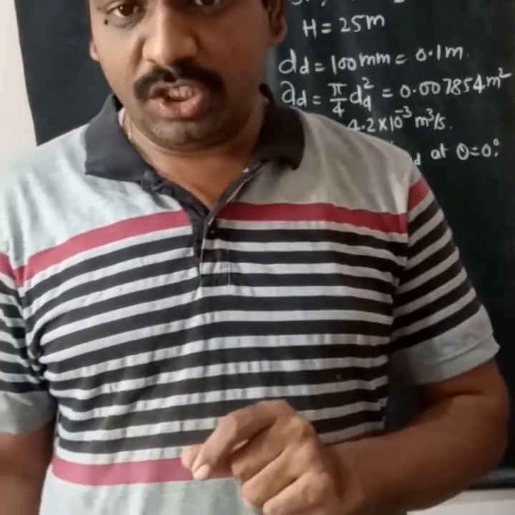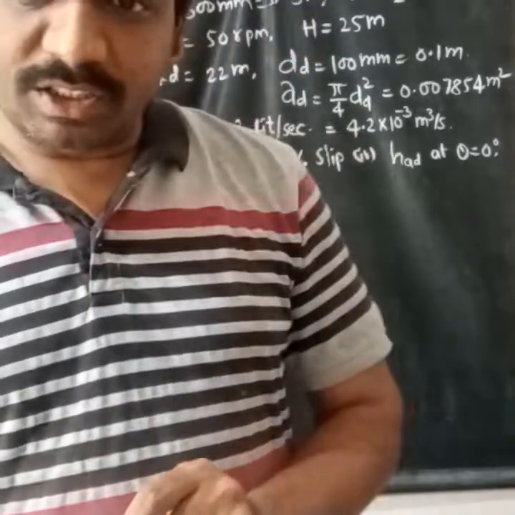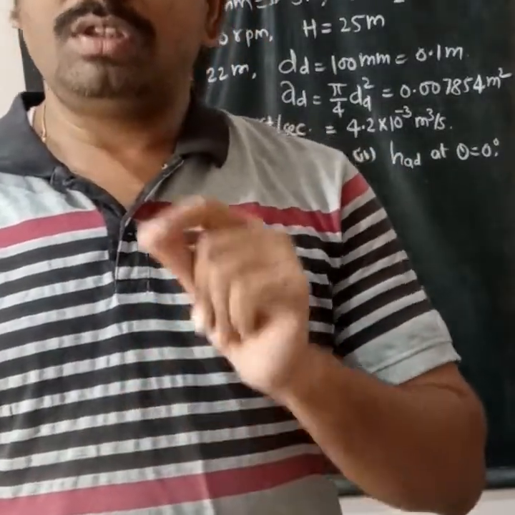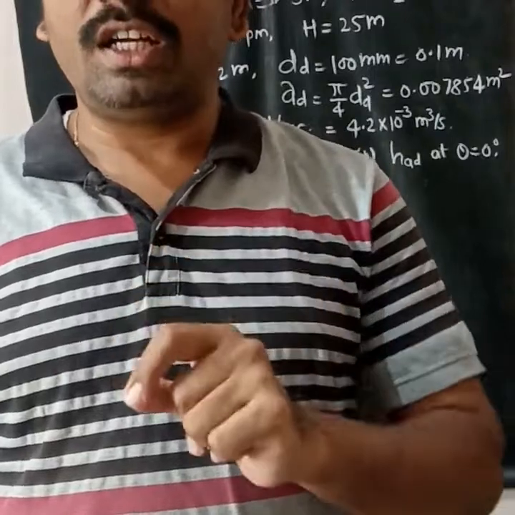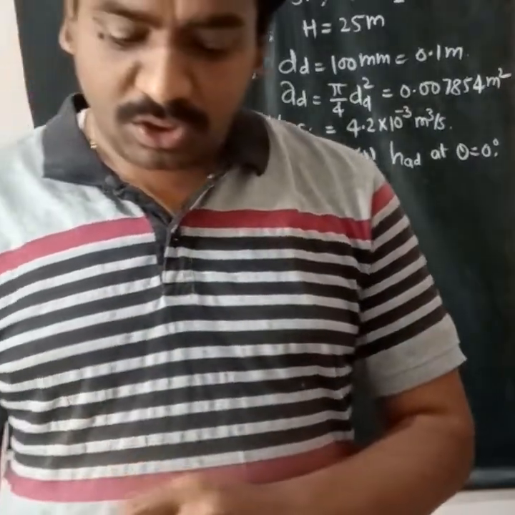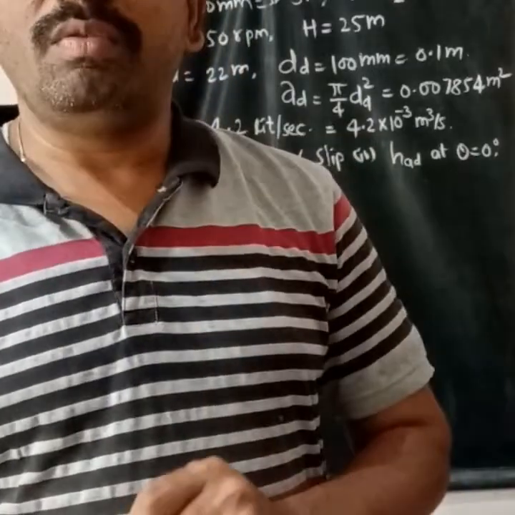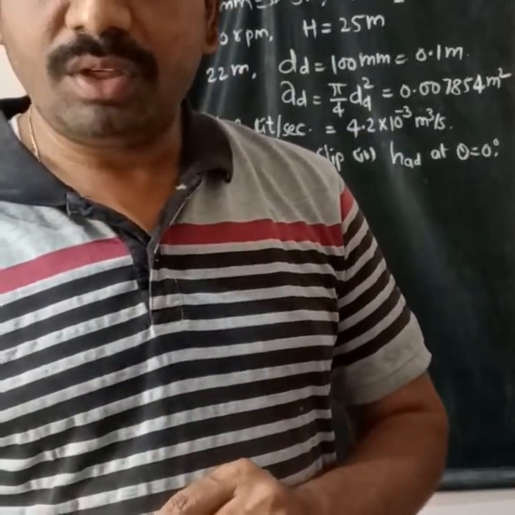So LD by g, A upon AD, into omega square r cos theta. By using this expression you will get the value of HAD.